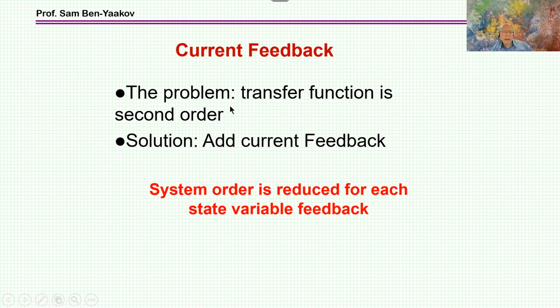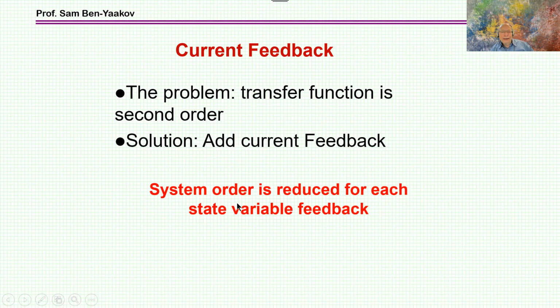Therefore, inherently, it has a large phase shift, a large lag up to 180 degrees, because there are two poles there. And it is difficult to close the loop when you have that much lag. As I explained, the larger the lag, the more there is a tendency to instability, because you are going to encircle the -1 point. So the purpose of current feedback is to help in this respect.